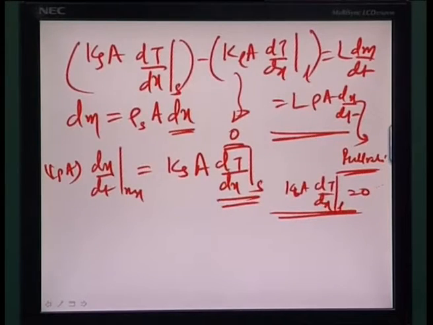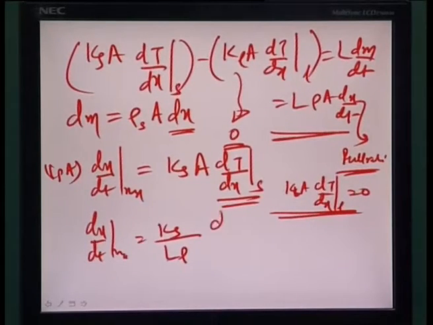So, whatever heat flows in is exactly whatever heat flows out. If we consider Kl A dT by dx to be 0, then the maximum velocity comes out to be Ks by L times rho times dT by dx in the solid phase.